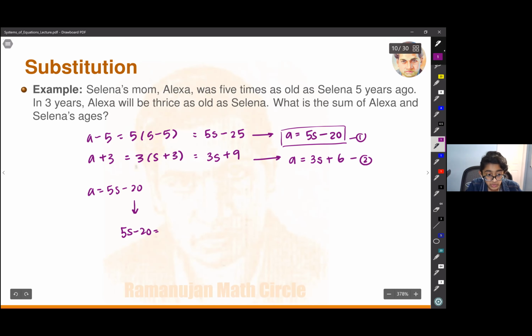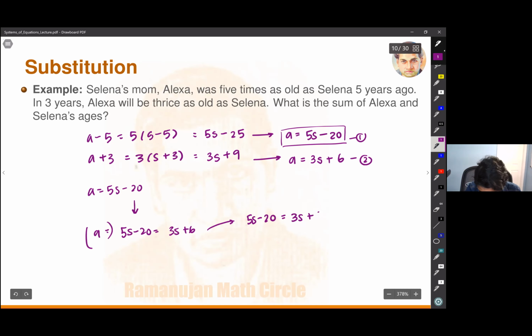And we're going to put this side is equal to 3S plus 6, and that's equal to A. Okay, so now forget about this A over here. We're just going to focus on the last two parts. So 5S minus 20 is equal to 3S plus 6.